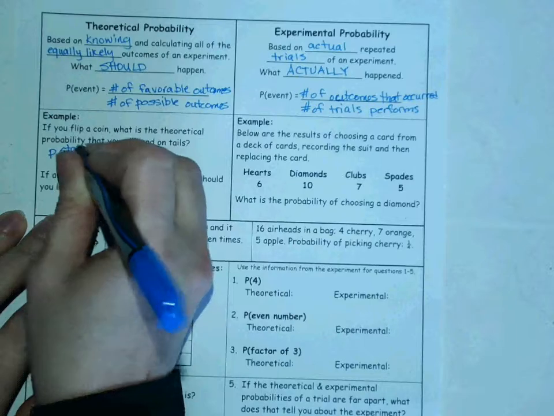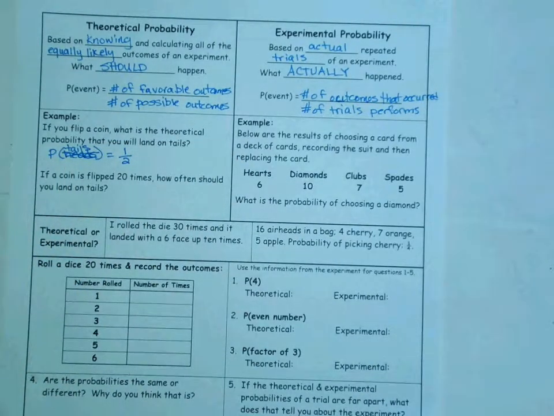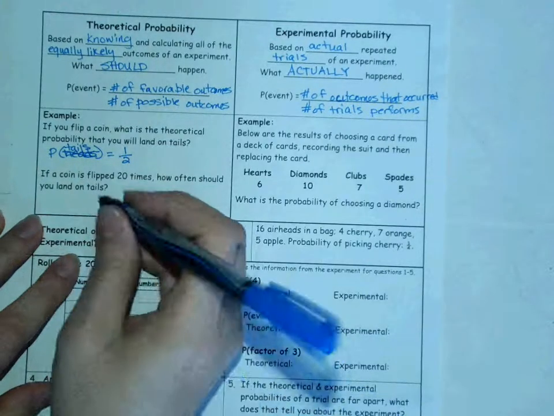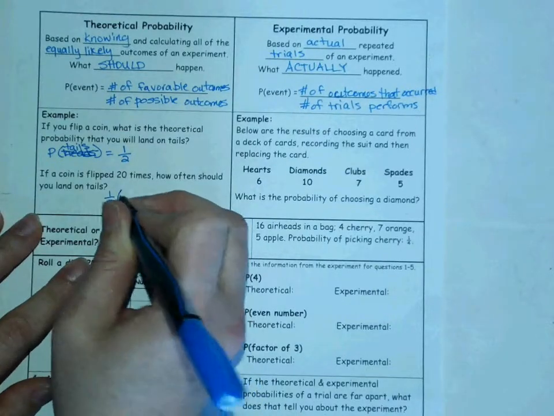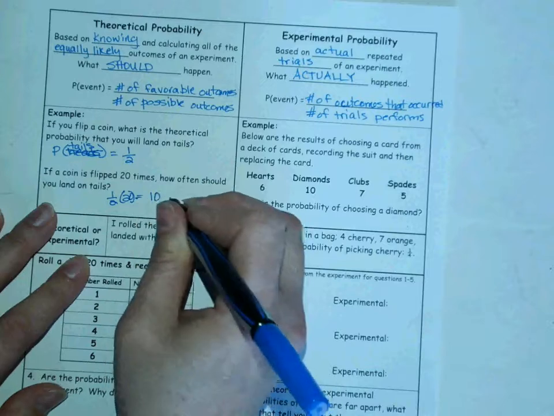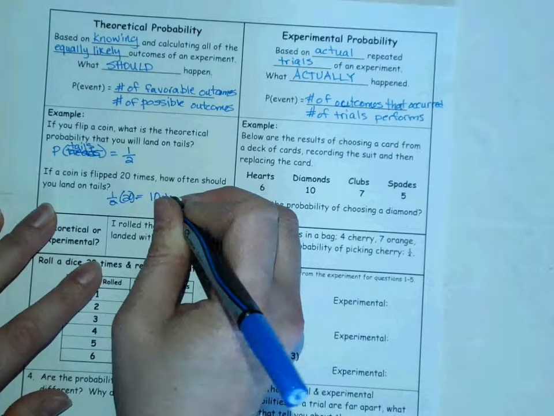It actually asked for tails, so this should have been tails, but it's the same probability. Alright, if a coin is flipped 20 times, how often should you land on tails? So half of 20 gives us how many times we should land on tails. That would be, we should land on tails 10 times.